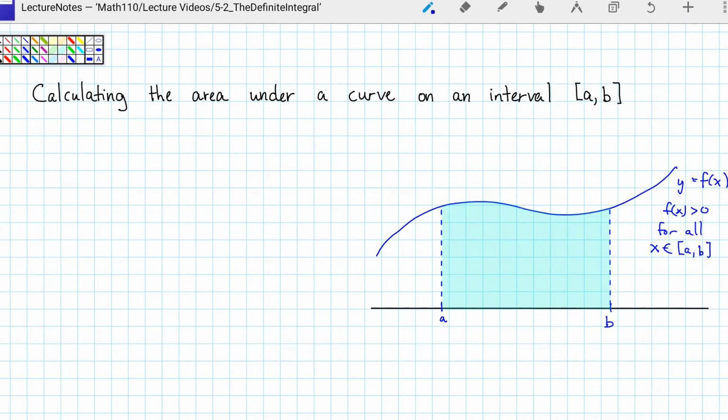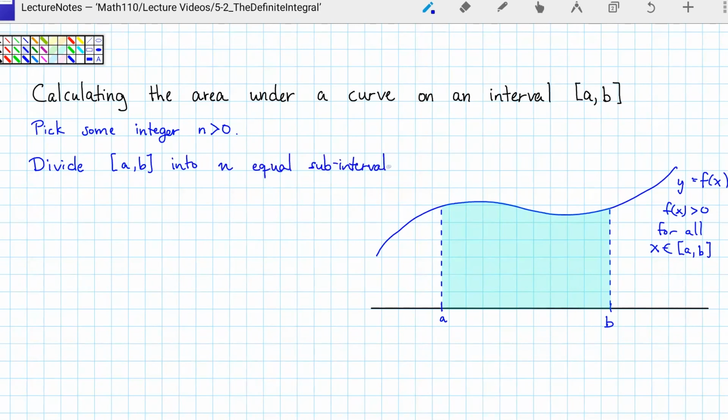So in this process, we start by picking an n, a positive integer n. And we divide the interval up into n subintervals of equal length. And we're going to name the length of each subinterval, we're going to call that delta x.